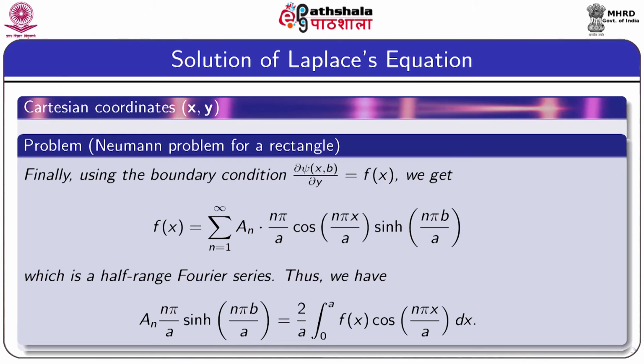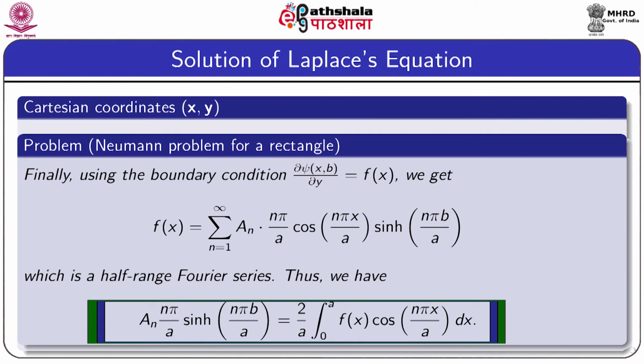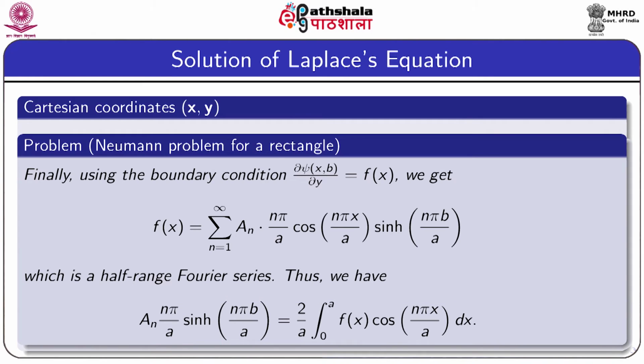To get the constants A_n, we need to multiply f(x) with cos(n pi x by a), and then integrate over 0 to a. If we do that, we get the value of A_n as 2 by a divided by (n pi by a) times sinh(n pi b by a), times the integral from 0 to a of f(x) cos(n pi x by a) dx.